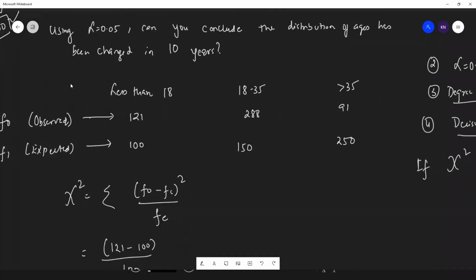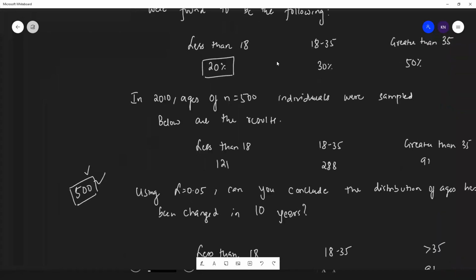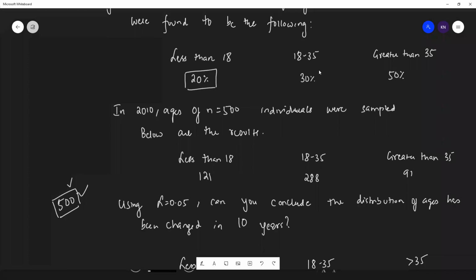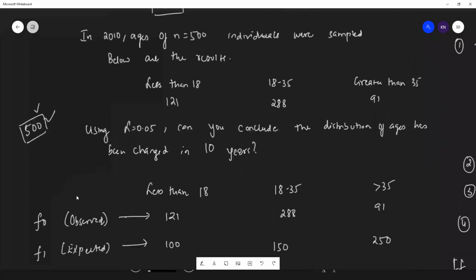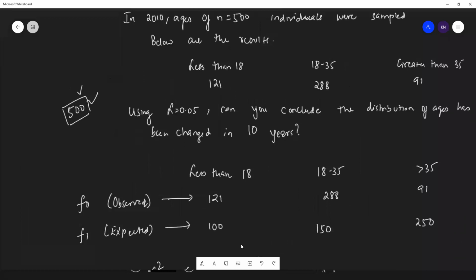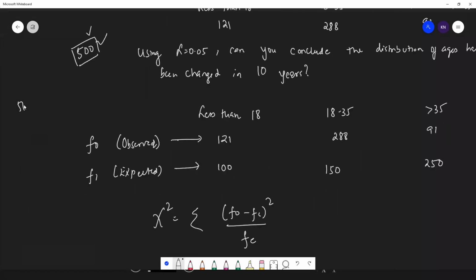From the sample, whatever the population percentage was, we just multiplied it. 20% of 500 is how much? 100, right? Then 30% of 500 is how much? And don't tell me now, Krish, I don't know how to compute that. It will be 100 times 1.5, so this will be 150. So 150 is over here, right? Now let's go and calculate.